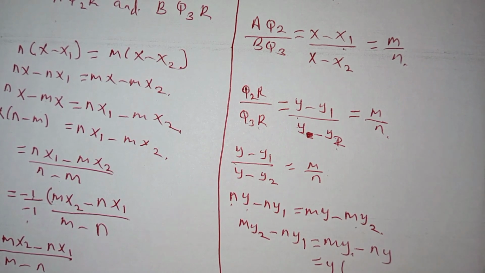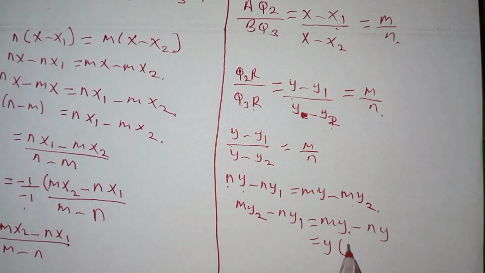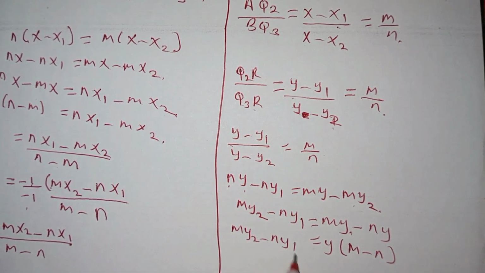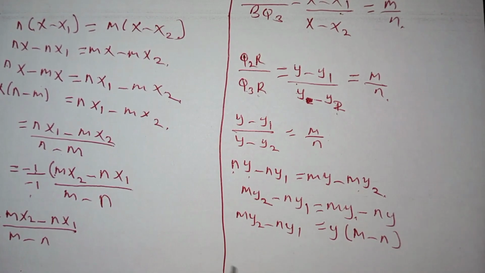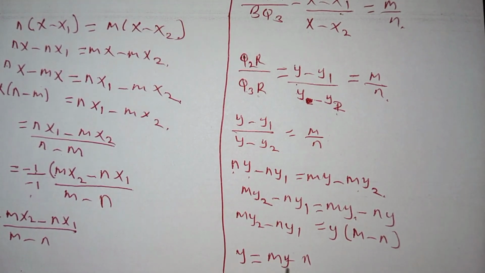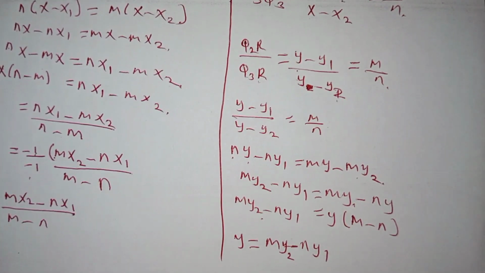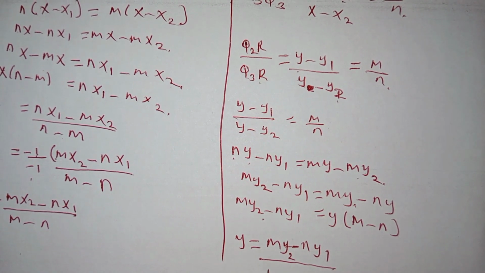Factorizing y on the right hand side, we shall be left with m minus n, which is equal to my2 minus ny1, meaning that y is equal to my2 minus ny1 divided by m minus n.